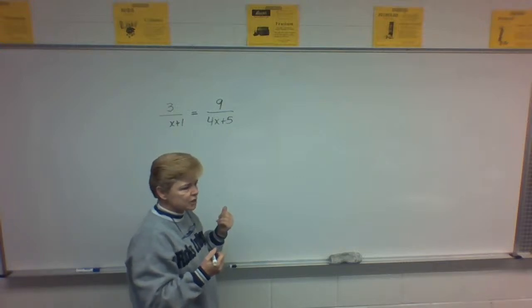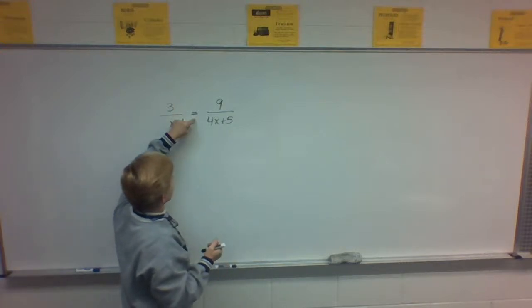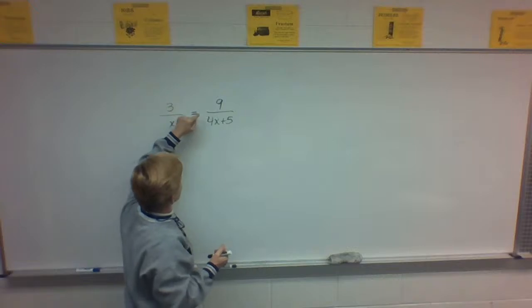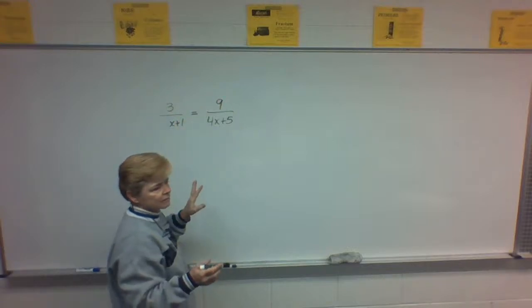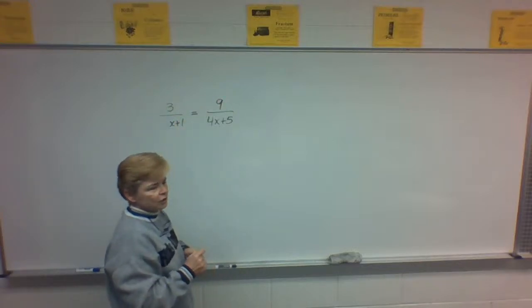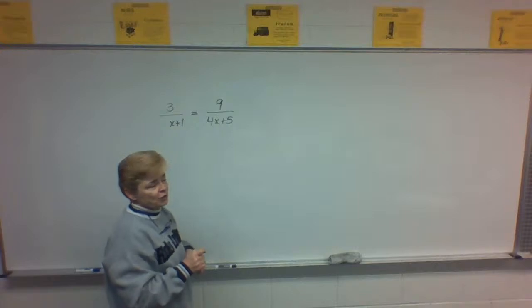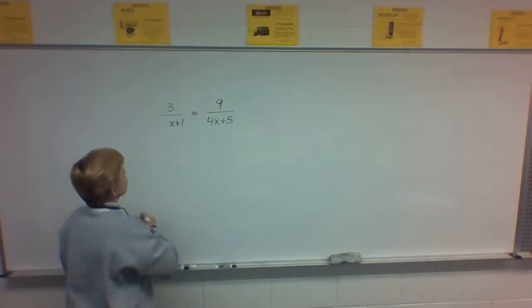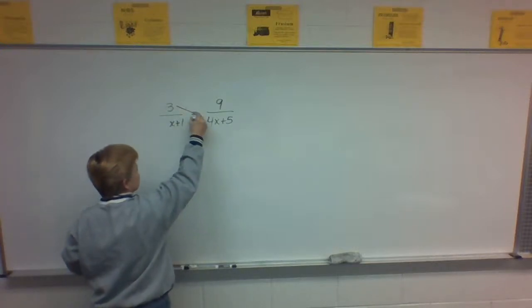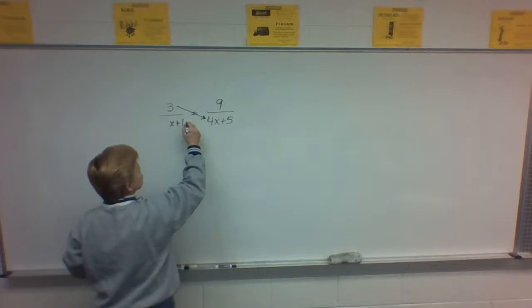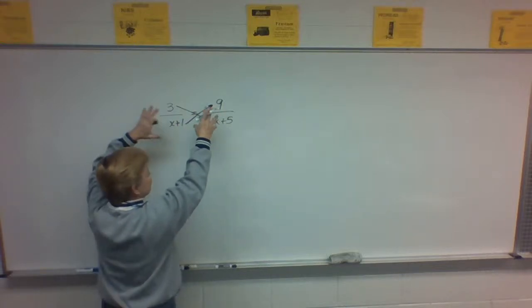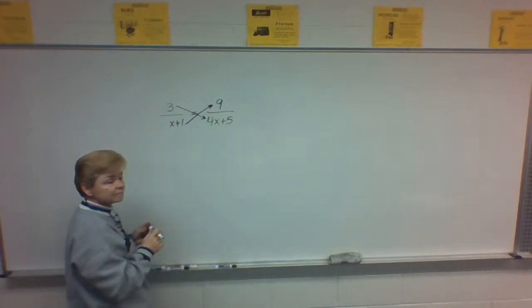It's one ratio equal to another ratio, or one fraction equal to another fraction. If that's the case, you should always default to cross multiply. Cross multiply means to take this times this equals this times this. That's the way we're going to flatten the fractions out into something we can handle.